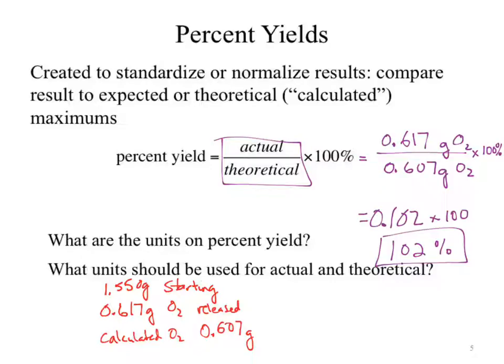Okay. It's actually 1.02, not 0.102. Oh, yeah, sorry. I can't do math. You're right, sorry. 1.02 times 100 gets us our 102%. Okay, either way, we're still at 102%.